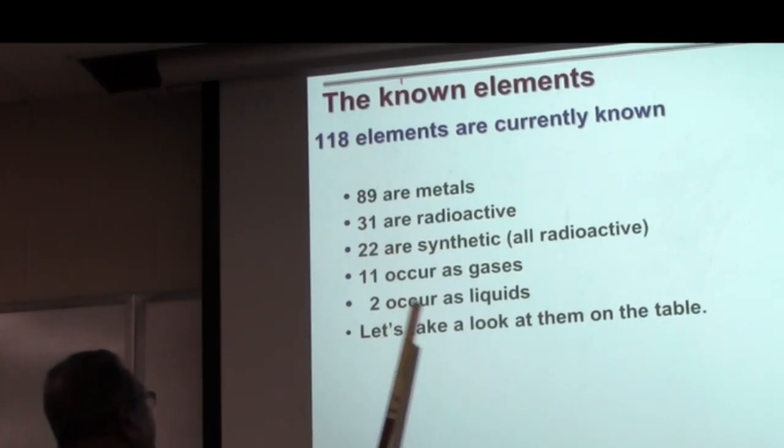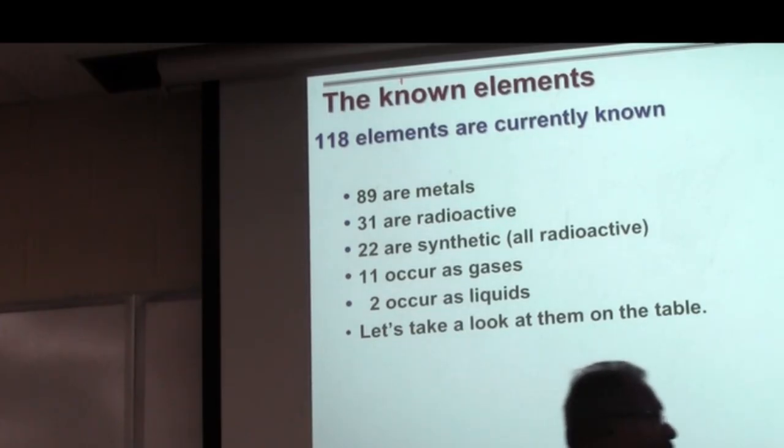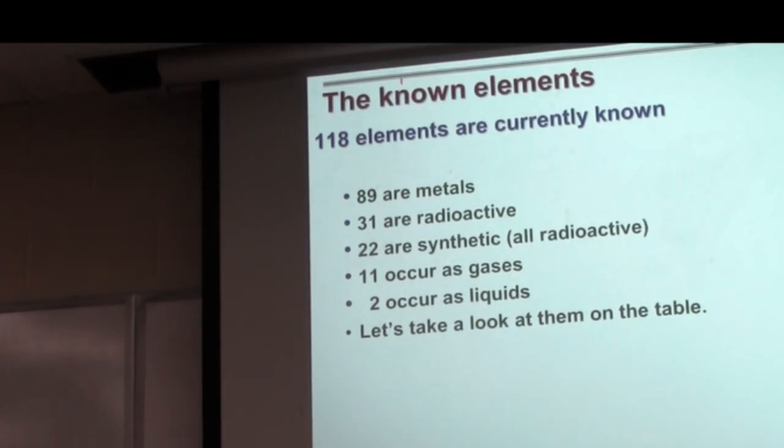What do you mean by 31 are radioactive? Which ones are the radioactive ones? After polonium, all these: 86, 87, then actinium, starting from that and going through that.